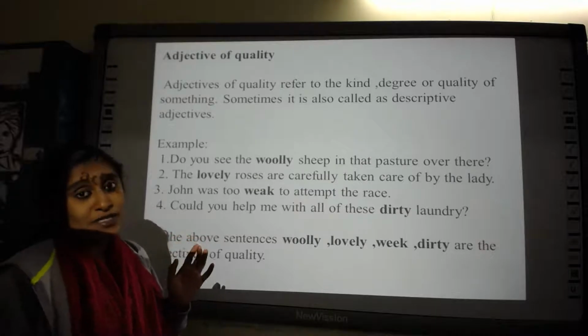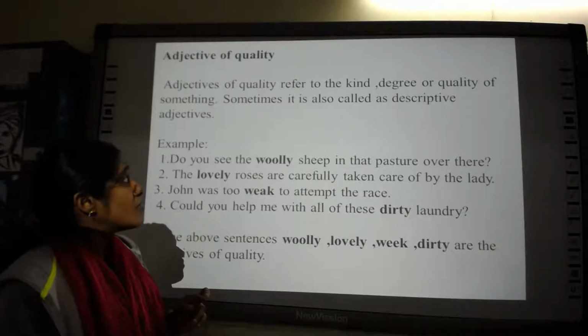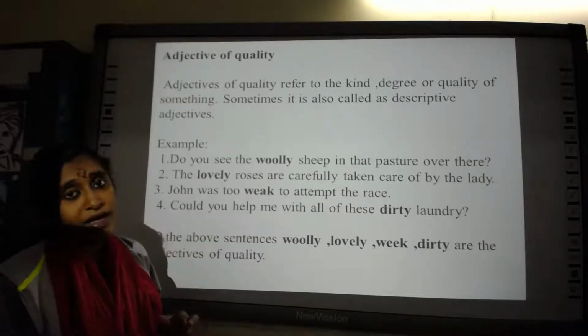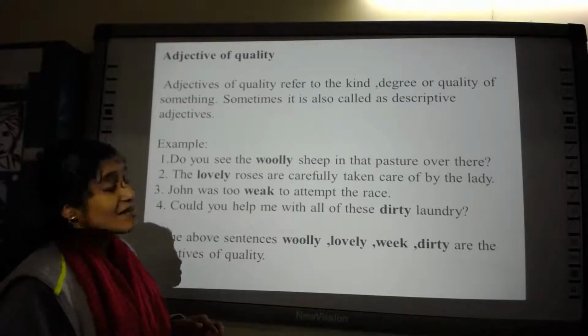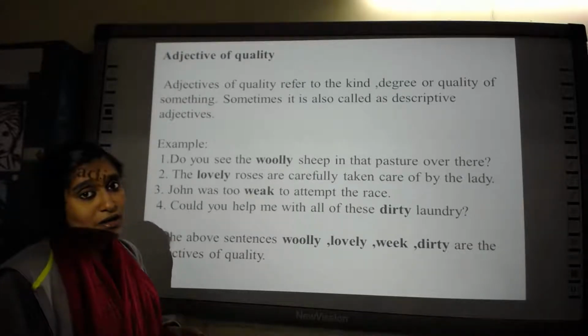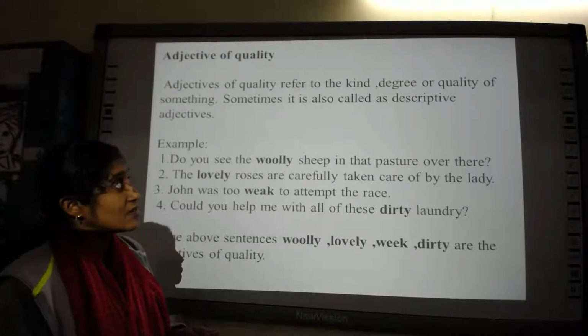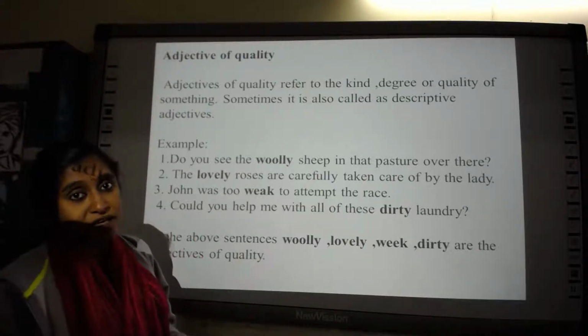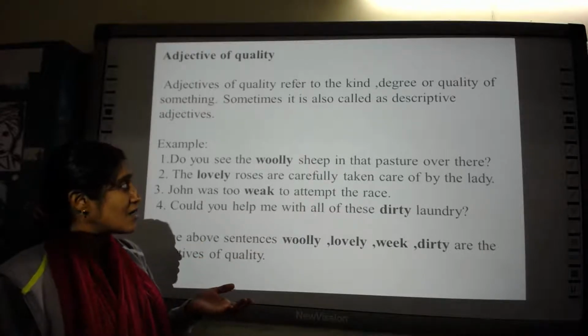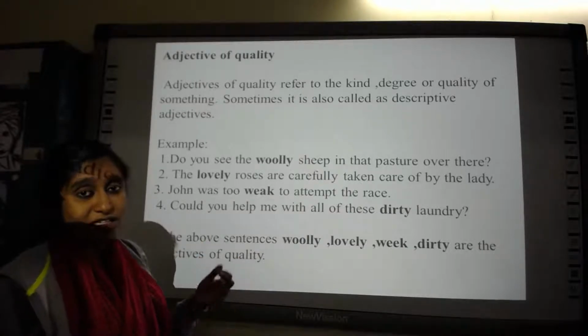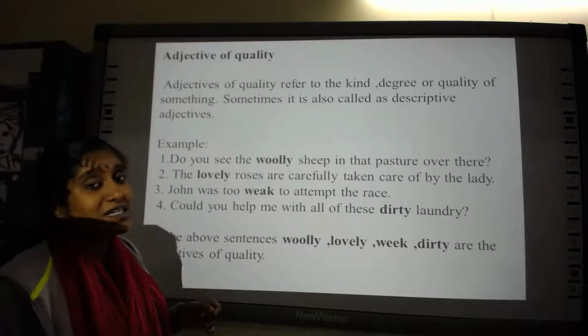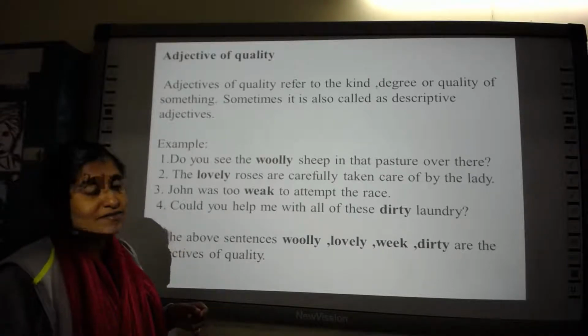Sometimes this adjective of quality is also called descriptive adjectives. It describes something and mentions the quality of something, that's why it is also called descriptive adjective.